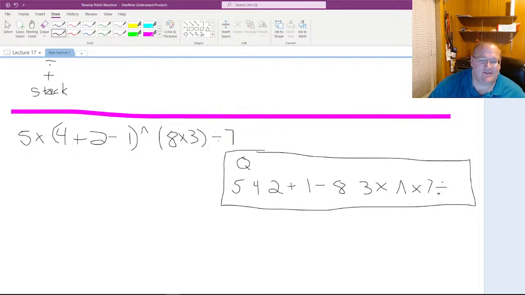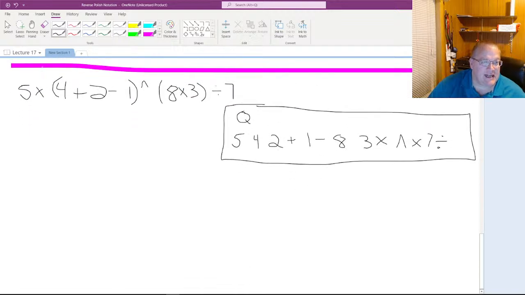Reads the 5, reads the 4, reads the 2. So then when the plus comes along, it just takes the top two things on the stack, which is a 4 and a 2, and then it does the operator on them. So 4 plus 2, that's 6. Pushes the 6 back onto the stack. Okay? So now we're going to work through it. Do the math, right?